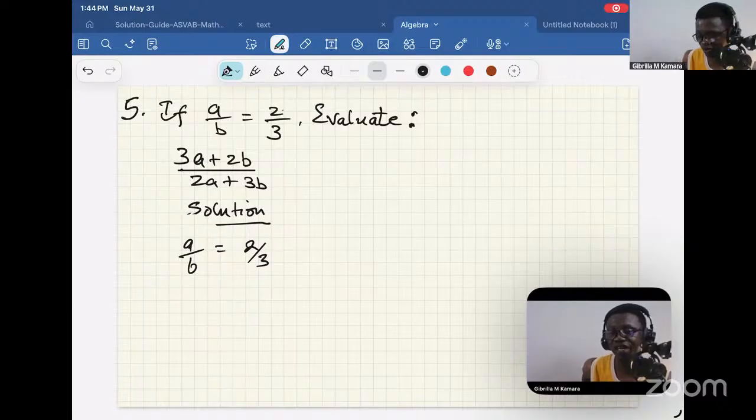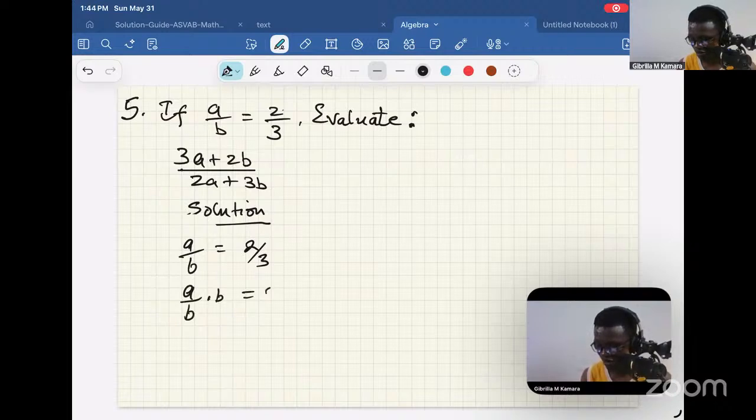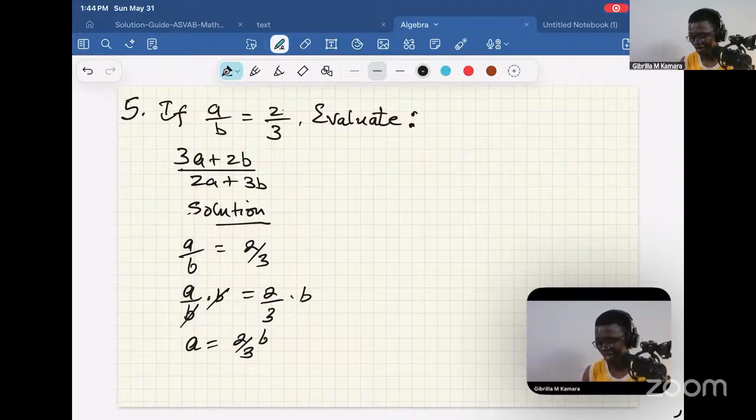If you make A the subject, you multiply both sides by B, so the B's cancel on the left and you are left with A equals 2 over 3 B. Let's say this is equation 1.